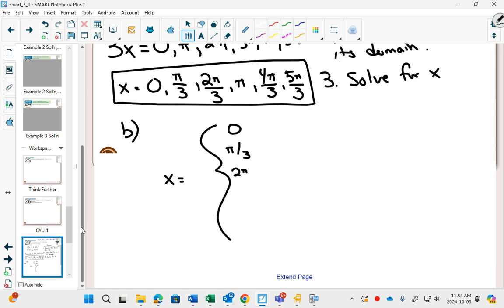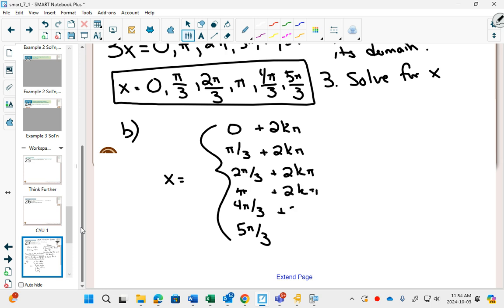Write all 6 of them out, and add 2k pi to each of them, and define k to be part of the integers. And this is the multi-revolution question.